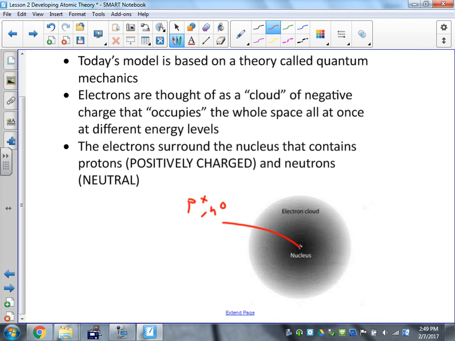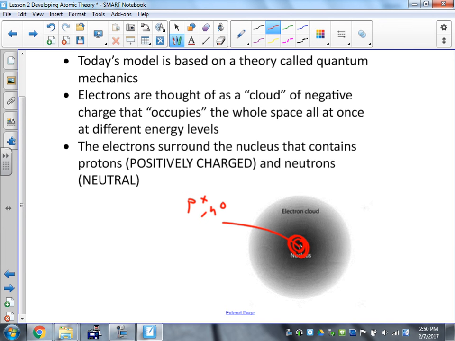Bohr said there's specific energy levels for those. And after a little bit more research, we found that yes, there is kind of, but really there's no set energy level that they're on. So they might be very close to the nucleus, okay? And that's kind of where you find most of the electrons, of course.